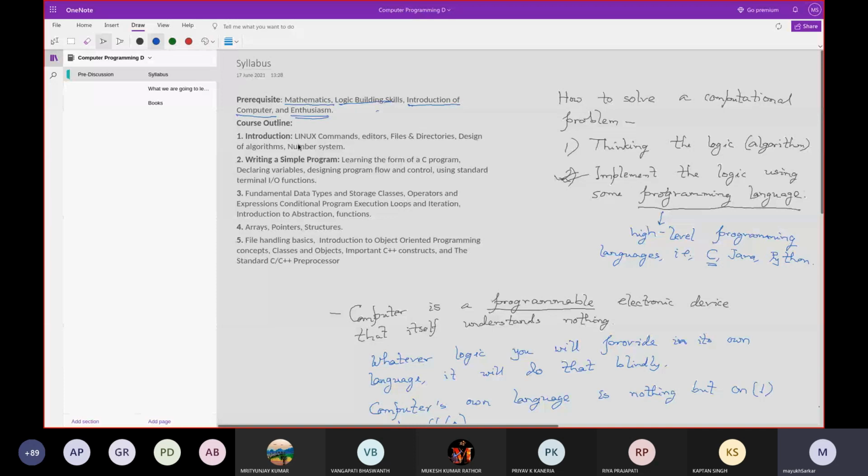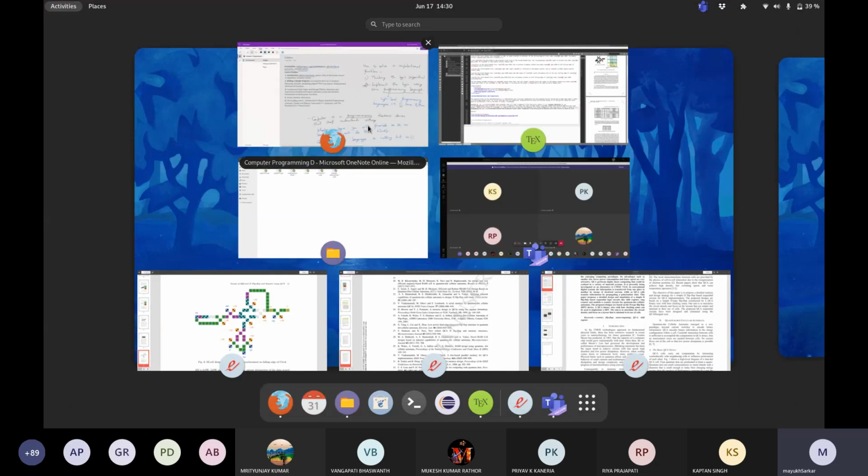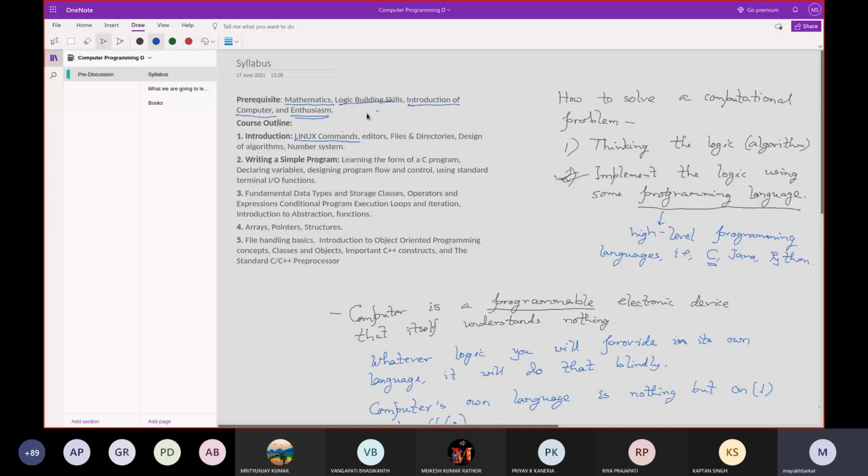Okay, and what we're going to learn here, Linux commands. Eventually, we'll use the Linux operating system throughout this course. In fact, I'm running this complete thing on a Linux system as well. This is my daily driver.